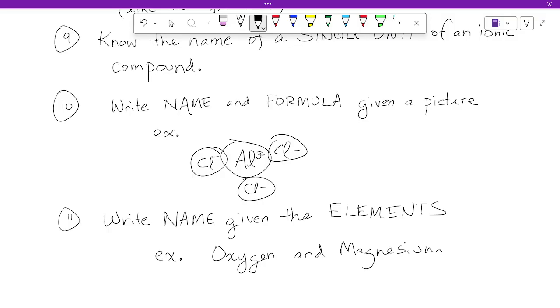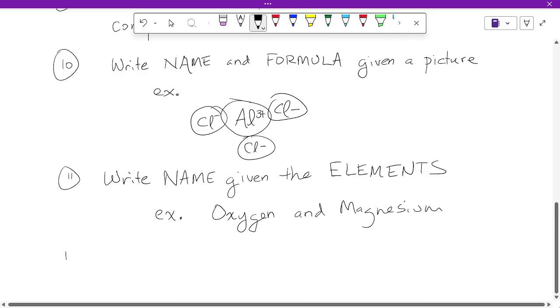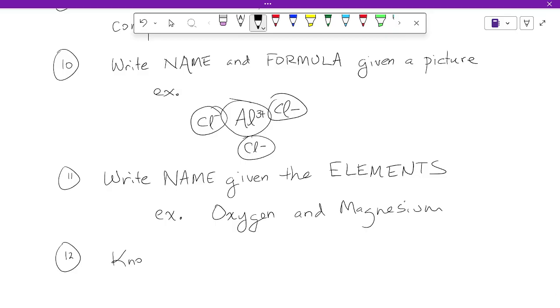Here's one more. You need to know the net or overall charge of an ionic compound.